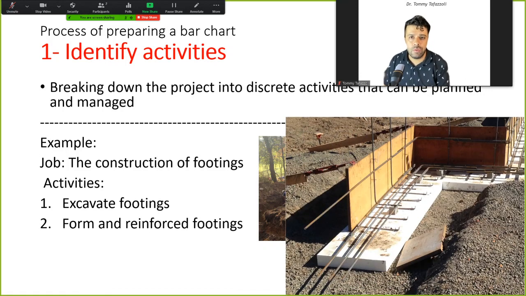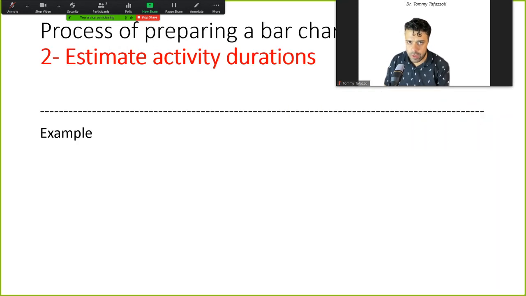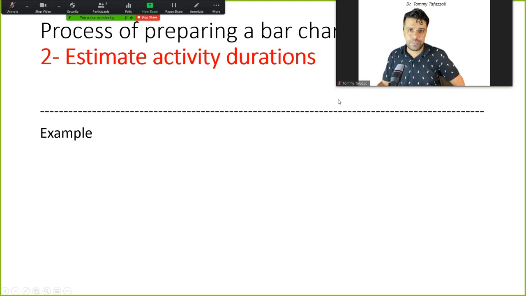Number two, we form and reinforce the footings. And number three, we place the footings. So we broke down a work breakdown structure item into smaller pieces of work, and we call them activities.